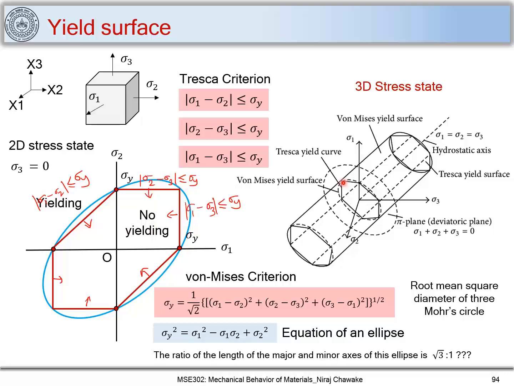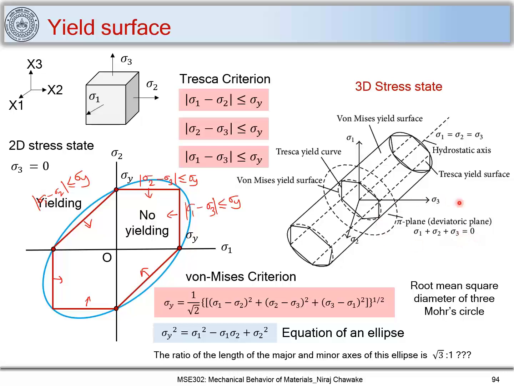So you can see that you have yield surfaces in 3D where the axis is represented by a hydrostatic stress state where you have sigma 1 equal to sigma 2 equal to sigma 3, and this locus is contained by a deviatoric plane, also called the pi plane, where sigma 1 plus sigma 2 plus sigma 3 equals 0.